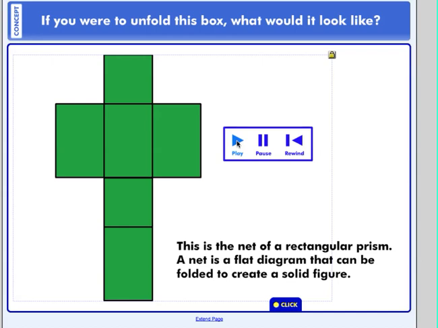Get familiar with that word, net, because a lot of the Minnesota State testing materials refer to nets, and this is what they're talking about. This is the net of a rectangular prism. A net is a flat diagram that can be folded to create a solid figure. So we can take this net, fold it up along the lines, and it will make that rectangular prism.